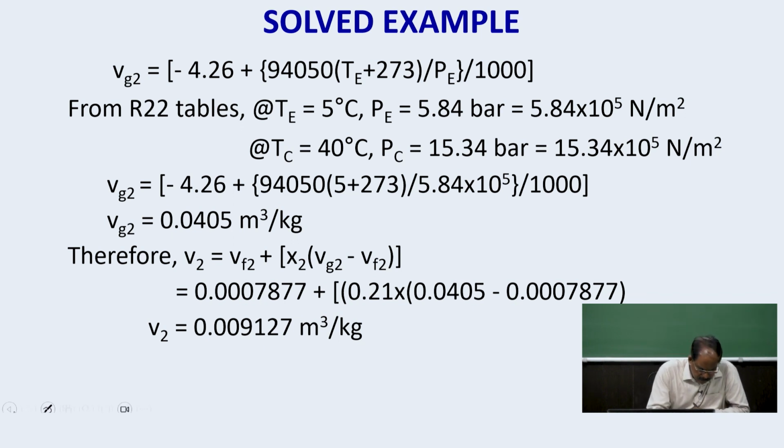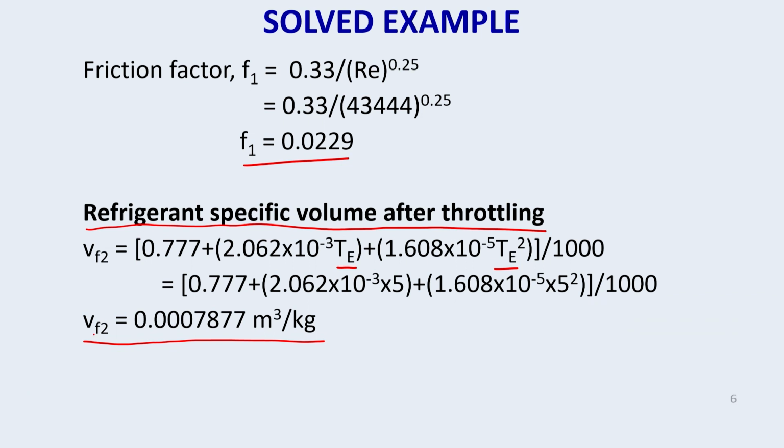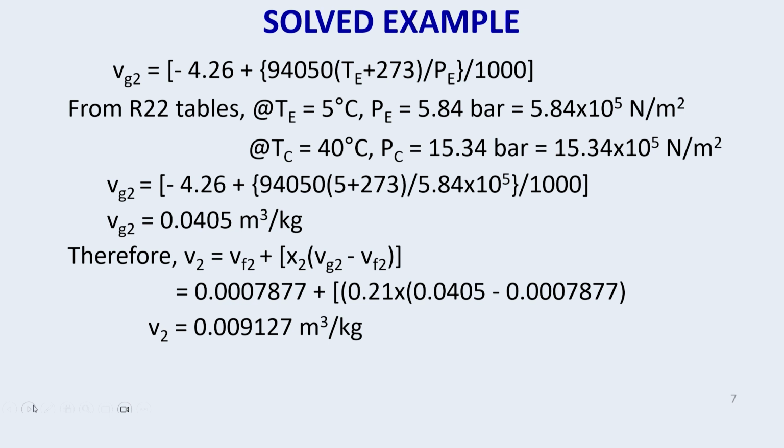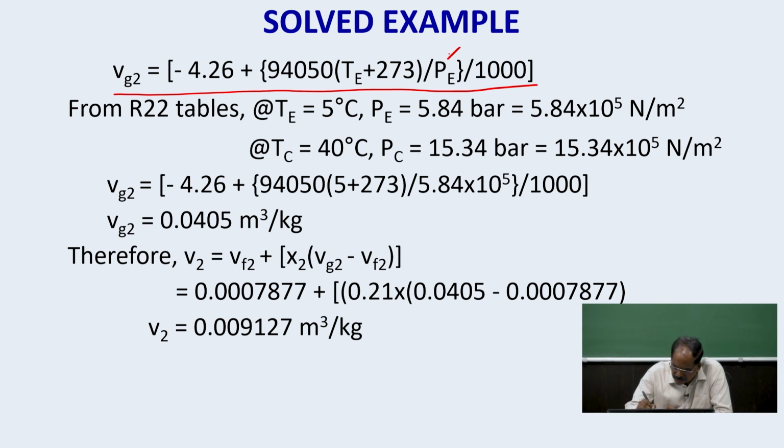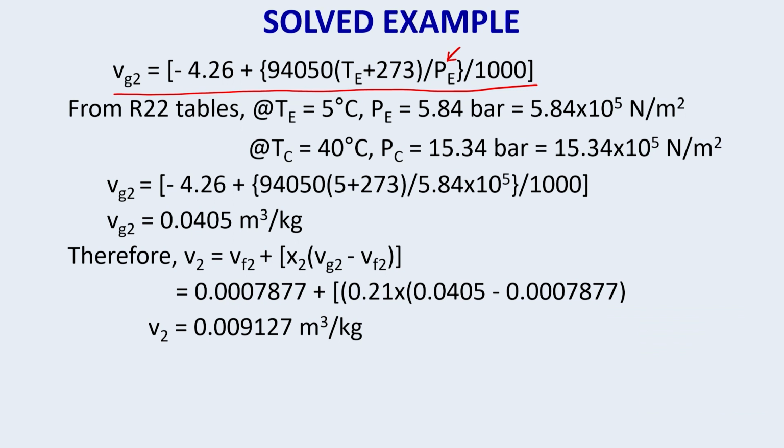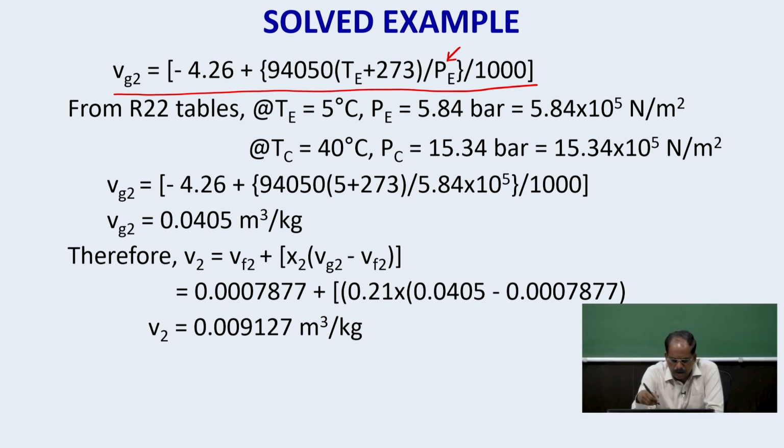The liquid specific volume after throttling is 0.0007877. This is the vapor specific volume, and here there is a pressure term. Since we know the evaporator temperature, we can find the evaporator pressure from the R22 tables. Corresponding to 5 degrees centigrade, the evaporator pressure is 5.84 bar.